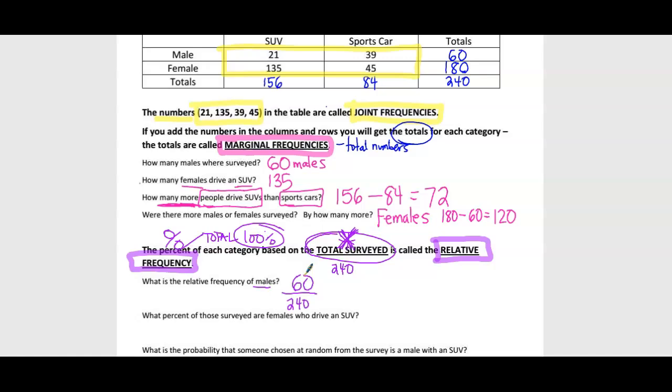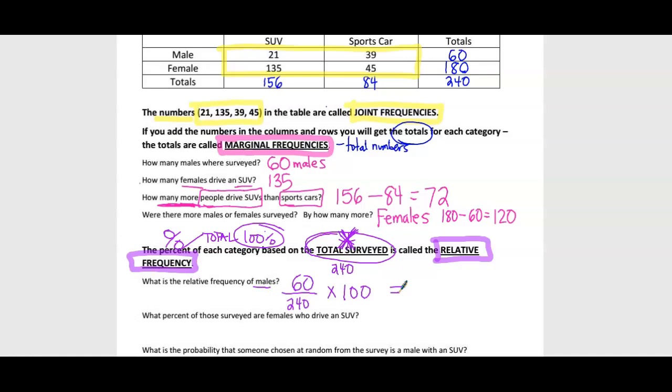So what we're going to do, a percentage is always out of 100. So you're going to take the males, 60. You're going to divide it by 240. The total is 240. Then you're going to put times 100 on your calculator. When we do percents, we round it to the nearest whole number.